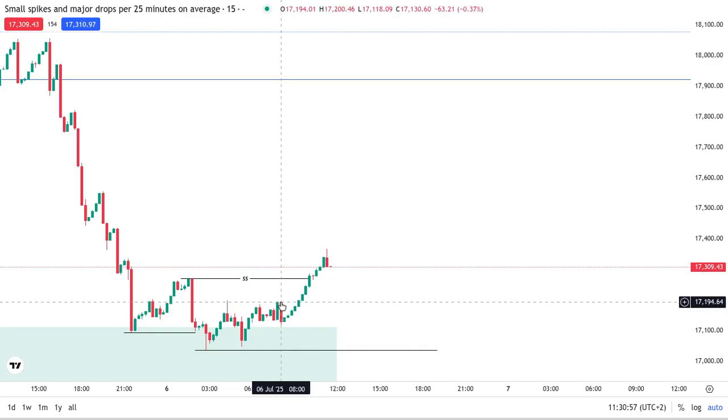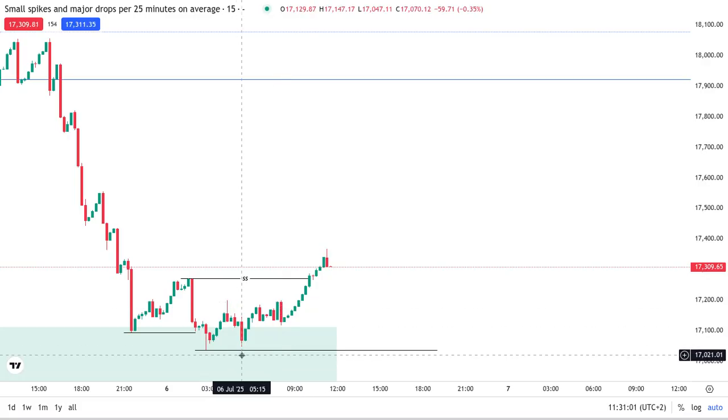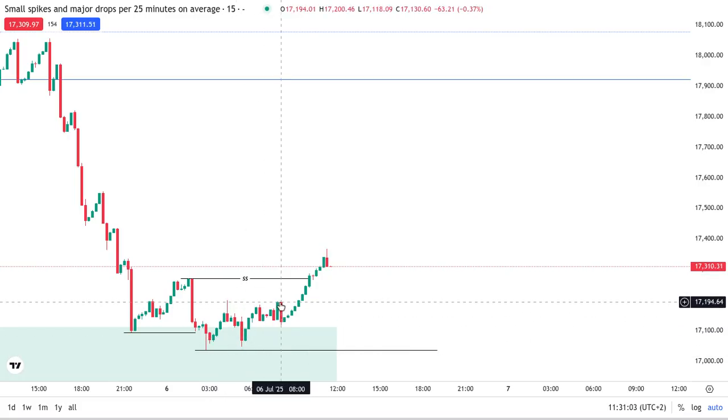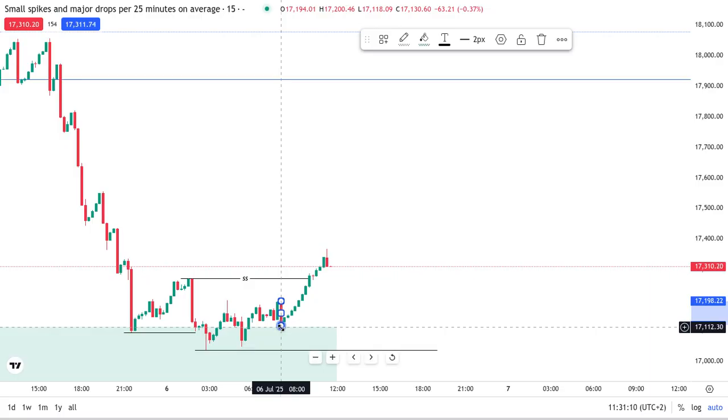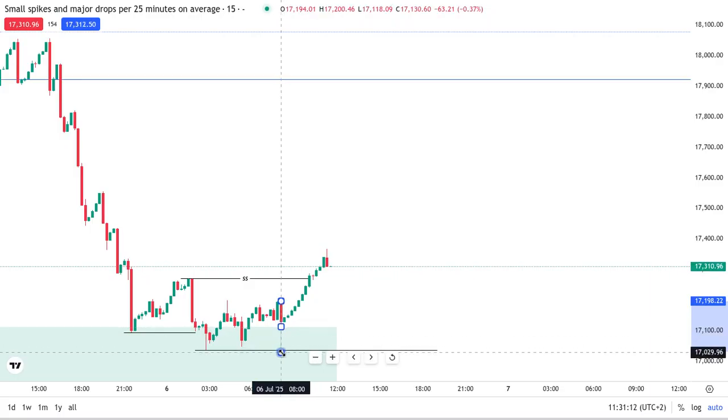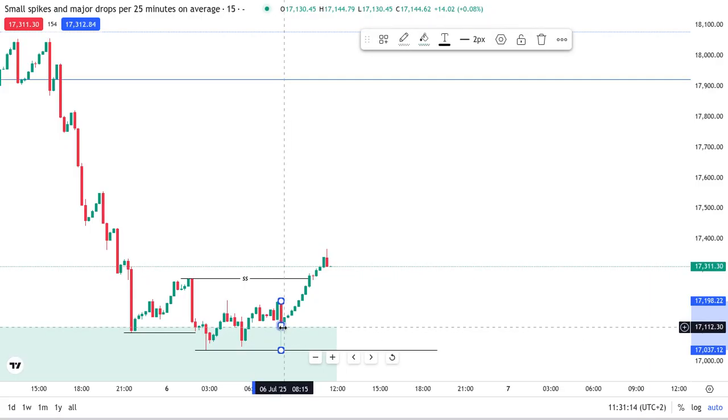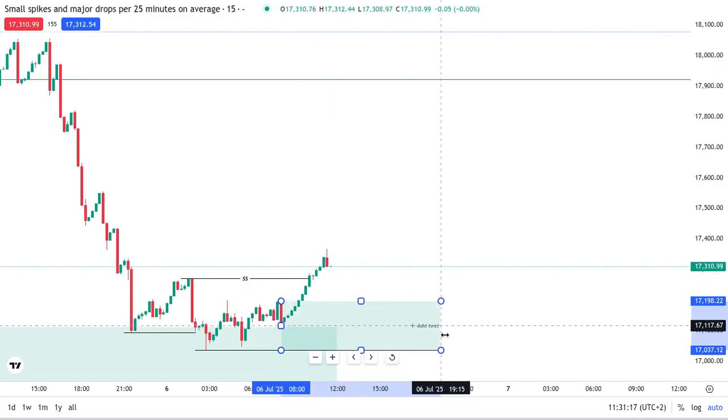We'll focus on this level right now, but if we're going to take any entries, stops will be right below this level. So let's just mark this out right there. Let's just make it lower right there, and we'll just cover the area where we might be putting our stops.